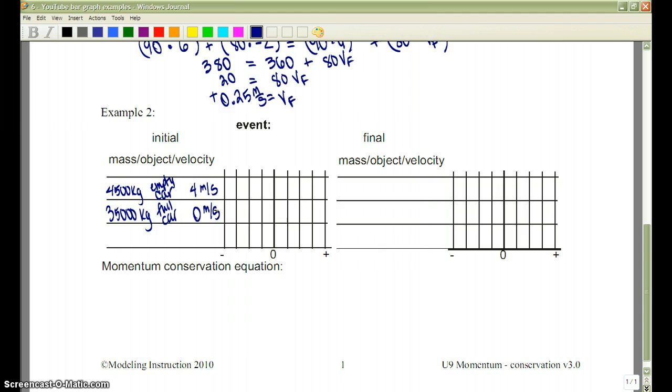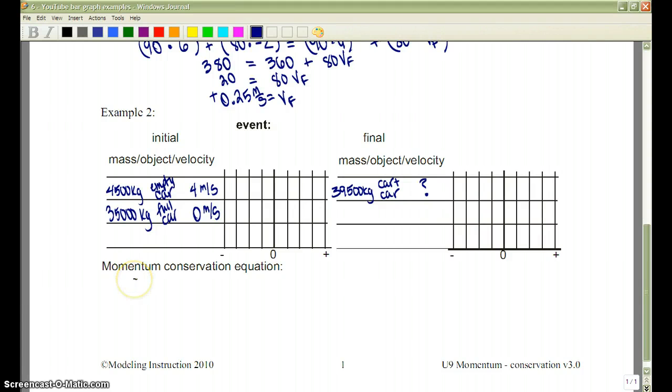When they get coupled together, we have to add their masses together because now the system is moving as if it were one object. So we're going to add the two masses together. So we get 39,500 kilogram. And you can think of this as car plus car now. So we want to know how fast are those two cars stuck together going to move. Same thing as we just did. We're going to use our momentum conservation equation.